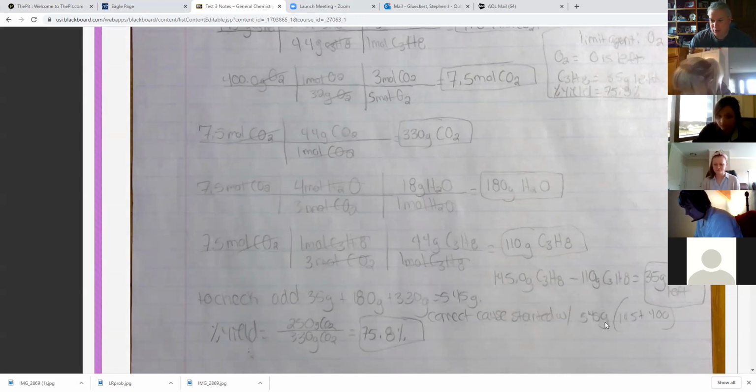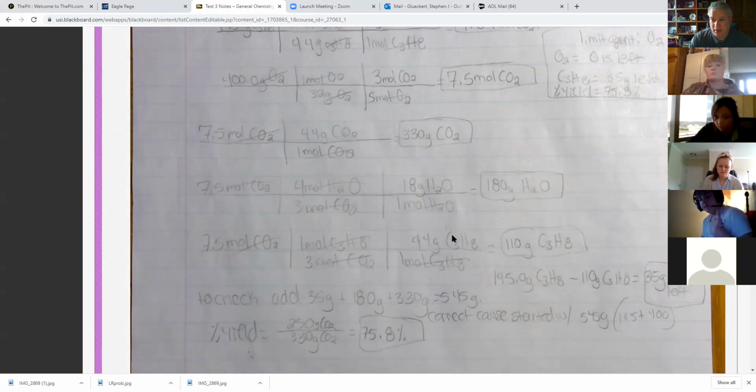We started with 545 grams. We ended with 545 grams. So that makes us happy. I'd draw a smiley face on here, but I don't want to mess up the screen. Started with 545, ended with 545. That's good. That's what you want.